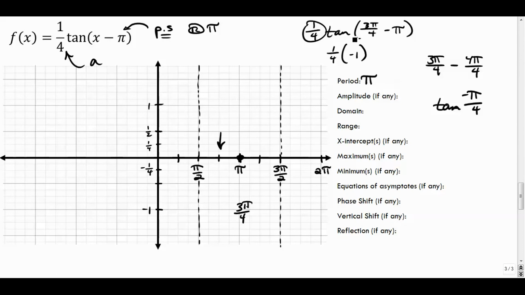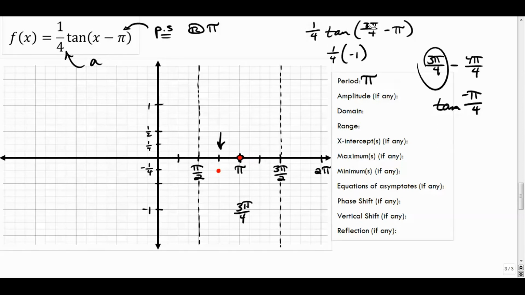Alright, so my point when I plug in 3 pi over 4, I get negative 1/4, which is right here. I'll put it in red so it's easy to see. So this is a point, and then if I plug in 5 pi over 4, which is this x value, so if I go up here and I plug in 5 pi over 4, let's see what happens.